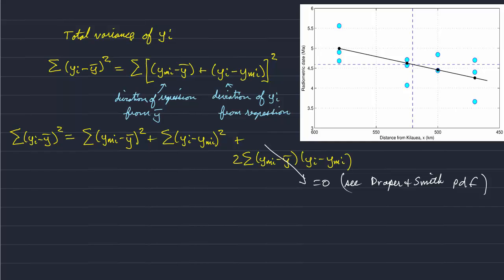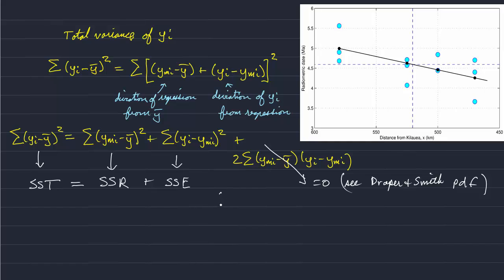So you can see that we've successfully separated the sum of square total deviations as a part due to the regression, which we'll refer to as the sum of square deviations due to regression, plus the part due to our error or our misfit, which we'll refer to as our sum of square errors.